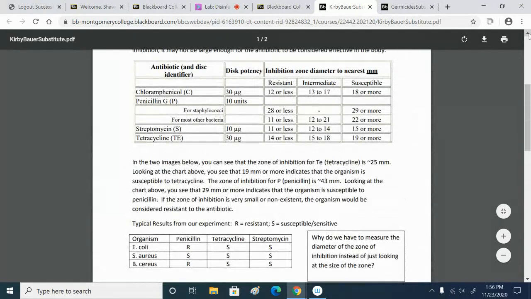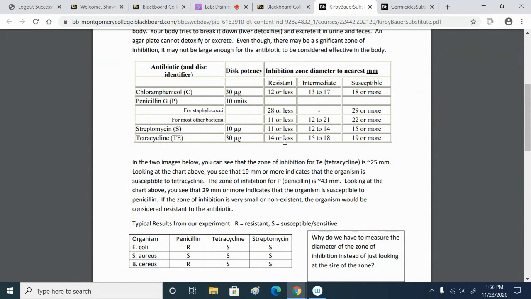And you look to see. So here we have tetracycline, 14 millimeters or less, our value was 25, right? 19 or more. So ours is 25, right? So that would mean our organism is susceptible to tetracycline.